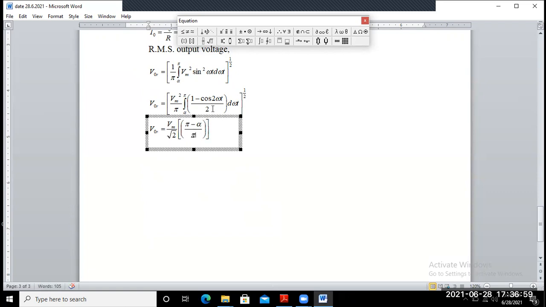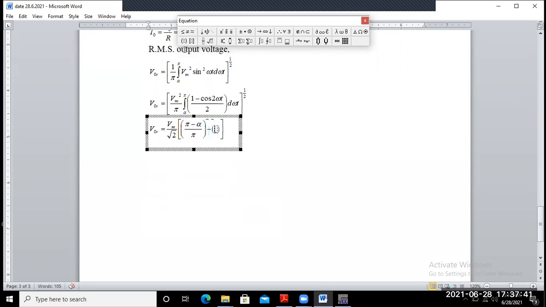What is the integration of the second one? Cos 2 omega t integrates to sine 2 omega t divided by 2. When you put the upper and lower limit, the first term is here minus sine 2 omega t divided by 2.